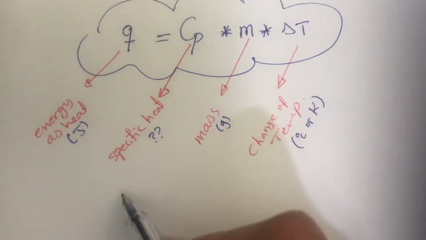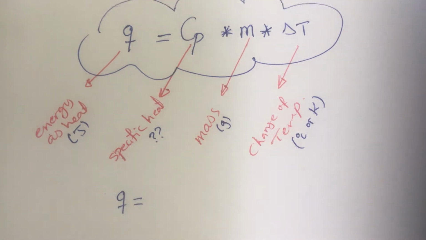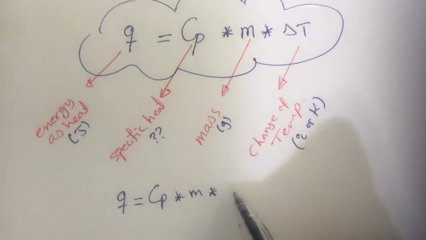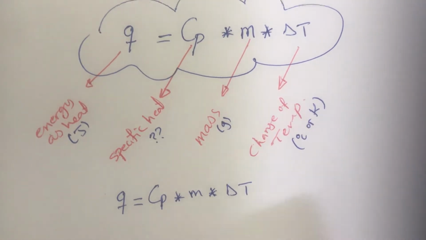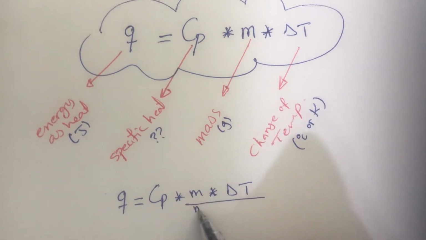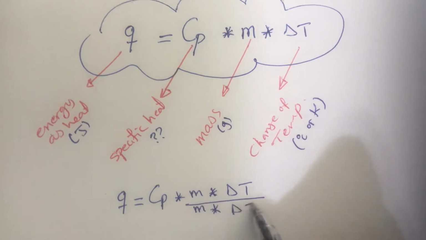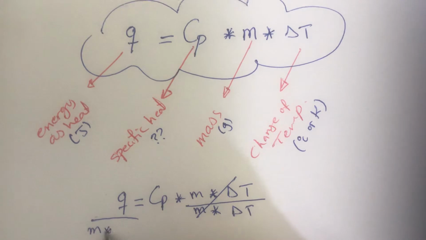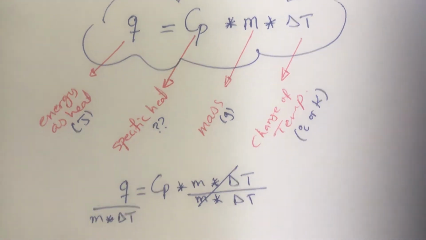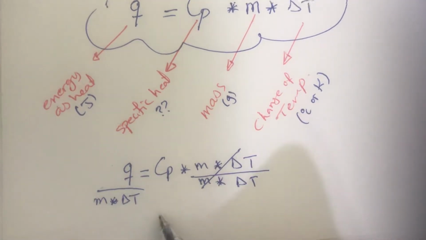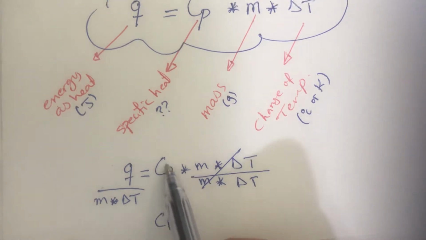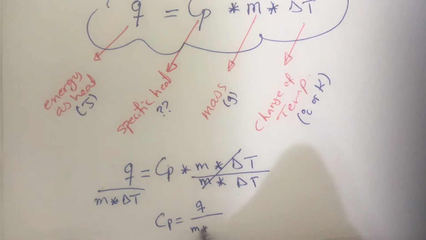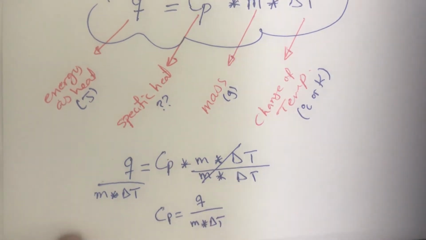So Q, energy as heat, equals specific heat times mass times change of temperature, over mass times delta T. So specific heat equals Q over mass times delta T.